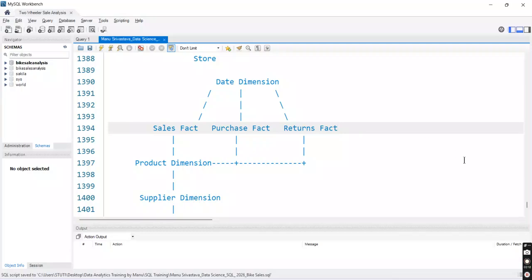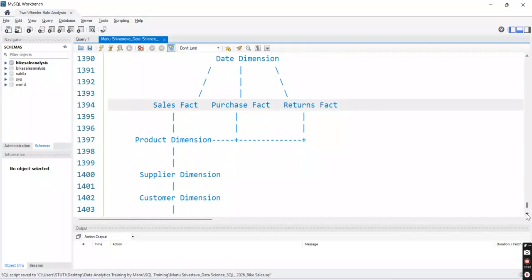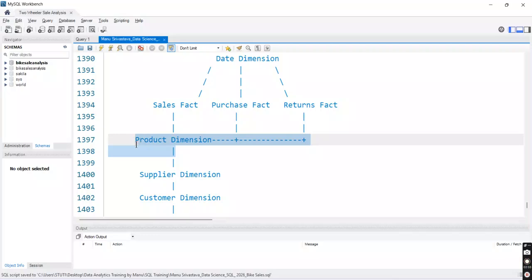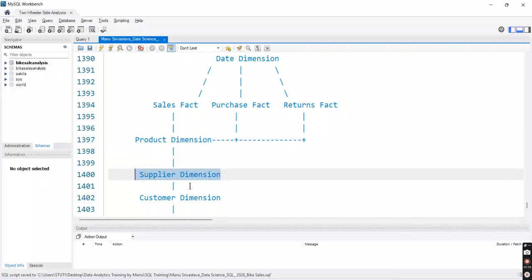This example is of a galaxy schema, where different fact tables share common dimension tables. All these three fact tables share these three common dimensions. This is known as a galaxy schema. This is used in many organizations and many places now.